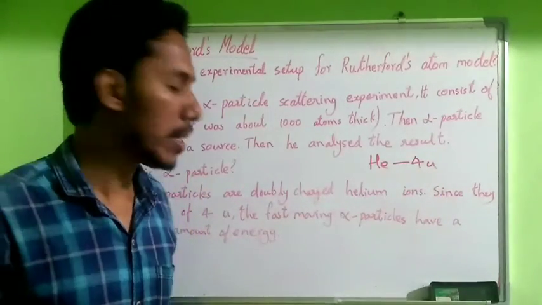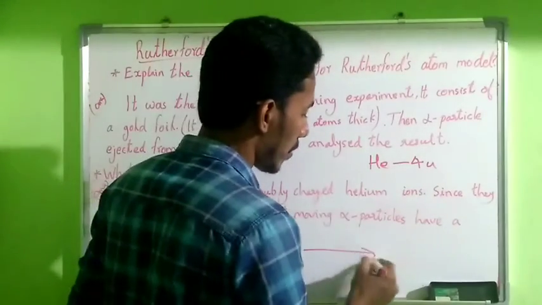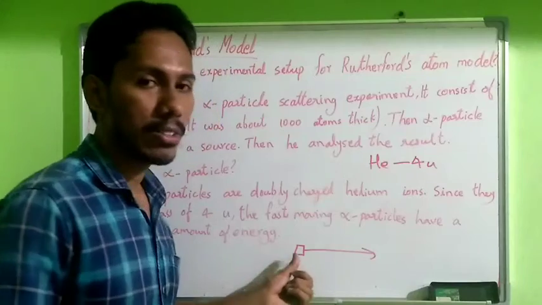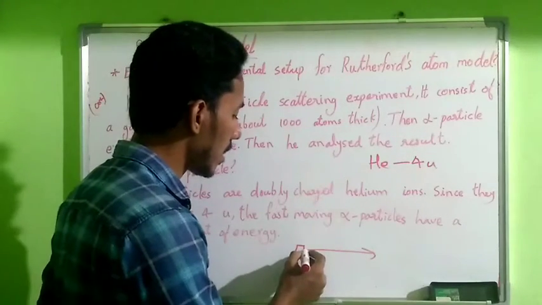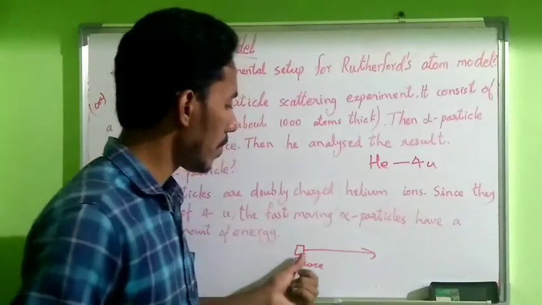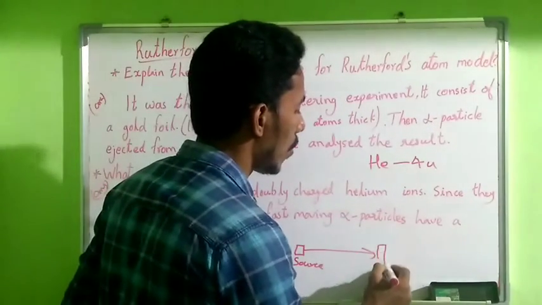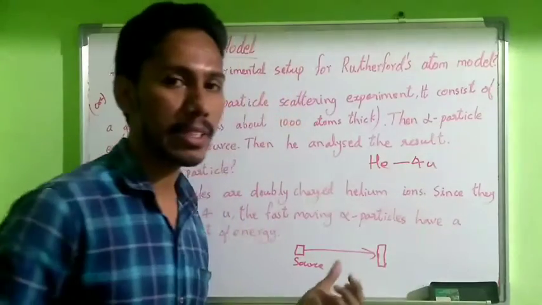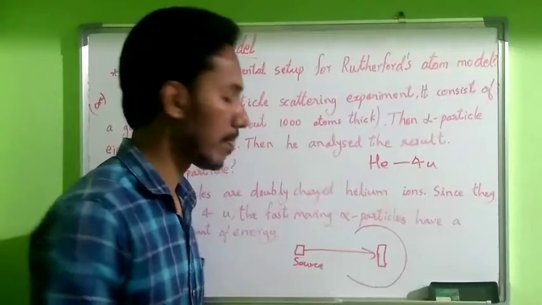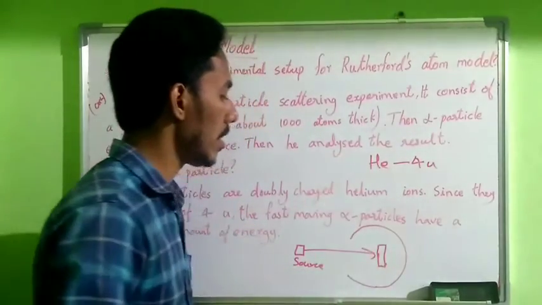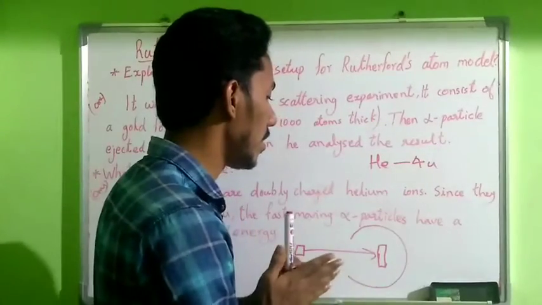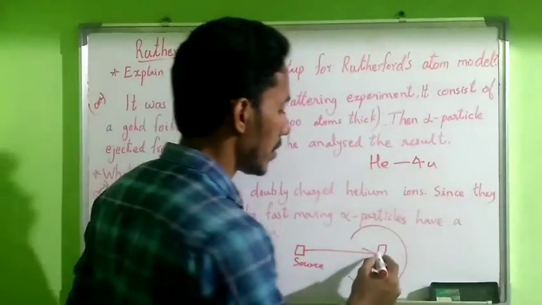So he conducted the alpha particle scattering experiment. He placed a source of alpha particles, a gold foil, and a detecting screen like this. The screen detects the scattering, reflection and transmission of particles.